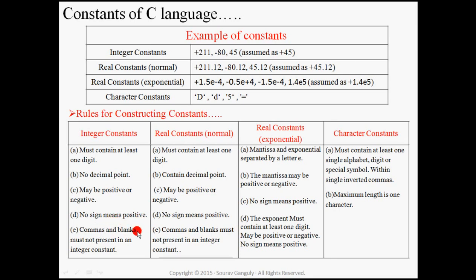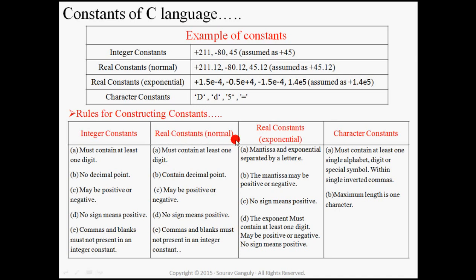Commas and blanks must not be present in an integer constant. That means you cannot write 4 space 5. You have to write 45 continuously without any space.